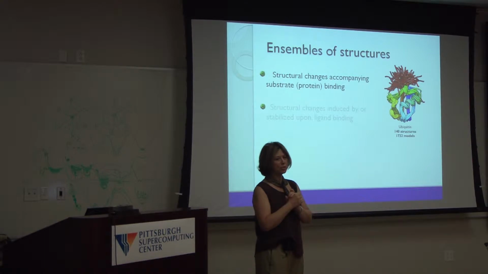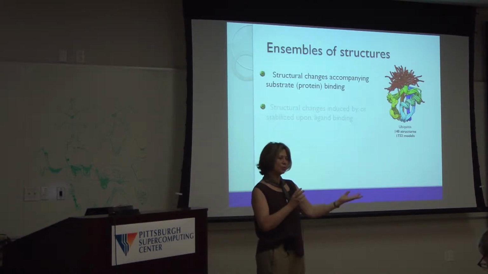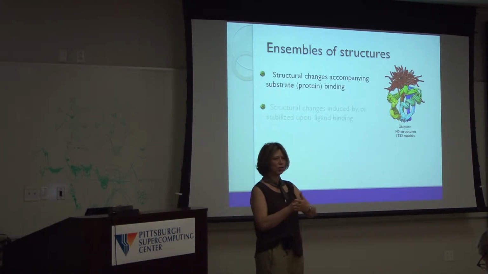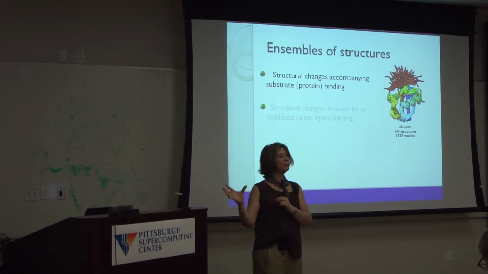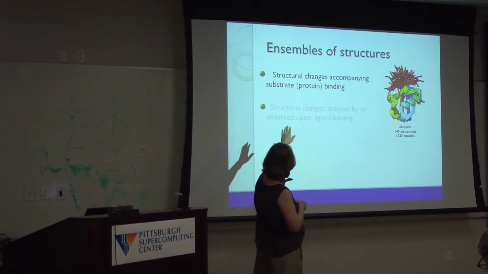And then we wanted to see whether these ensembles of structures, are they any relevant to the alternative conformations that we're generating? Because these ensembles of structures give us information on what the protein can do or is doing in the presence of different substrates. And we wanted to see whether they correlate with the modes that we are predicting. Okay?